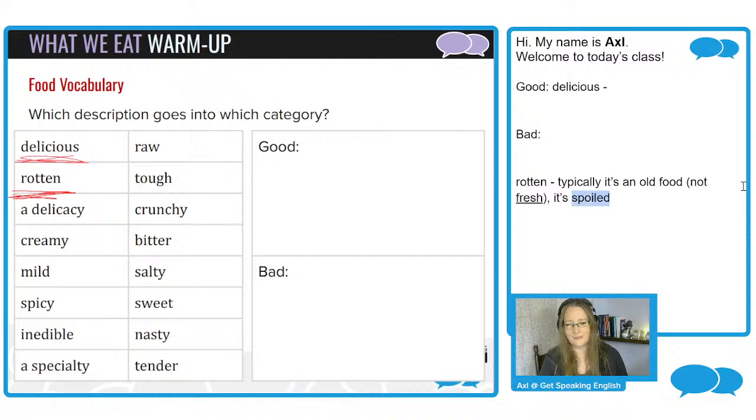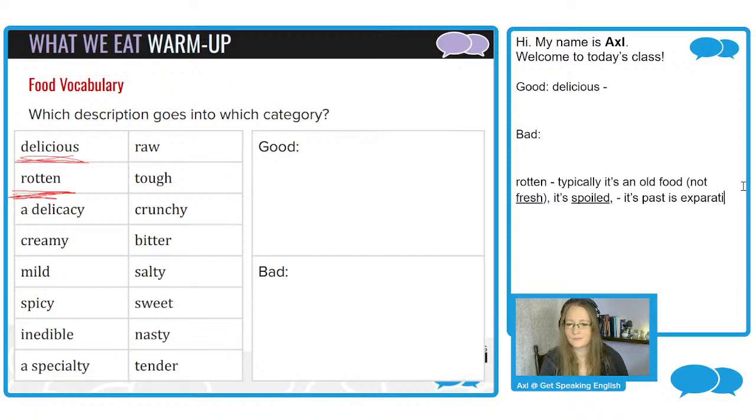So something spoiled, very old, basically sort of like a synonym for ruined almost, but we wouldn't say that a food is ruined, but we would definitely say that it's spoiled, especially if it's past its expiration date.